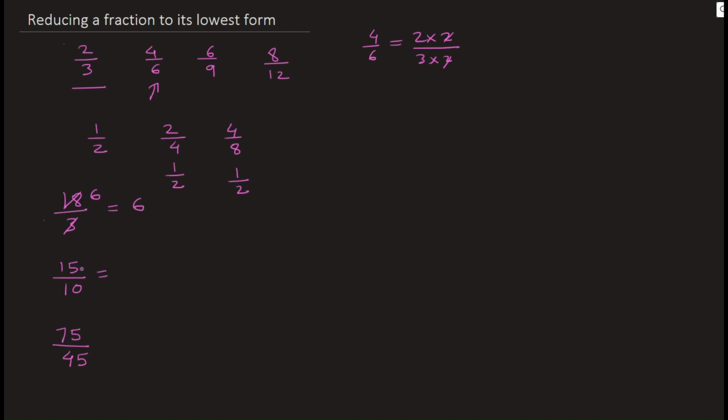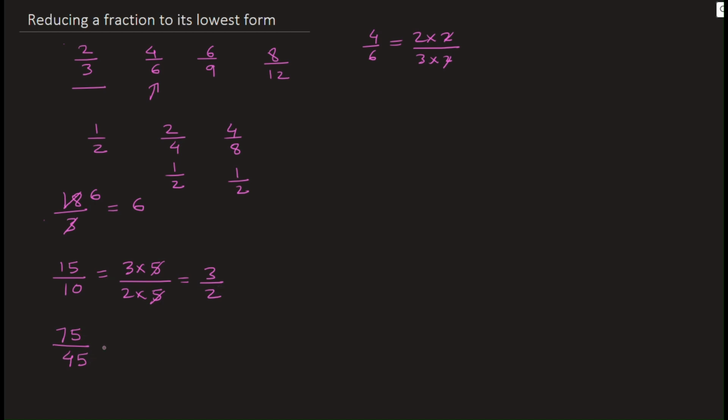And this is 15 over 10. So 15 over 10, I can write 15 as 3 times 5 and 10 as 2 times 5. So 5 is the common factor which is cancelled out and the lowest form is 3 over 2.